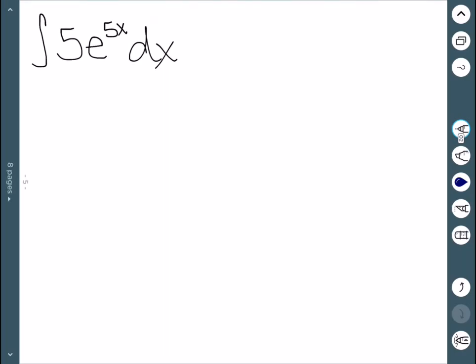Another example, 5e to the 5x dx. So this one may be a little bit more complicated to see the u substitution at the very beginning. However, we have to think about what we know the integrals for. We know the integral of e to the x. So we're going to let u be equal to 5x, and then du would be 5 dx.